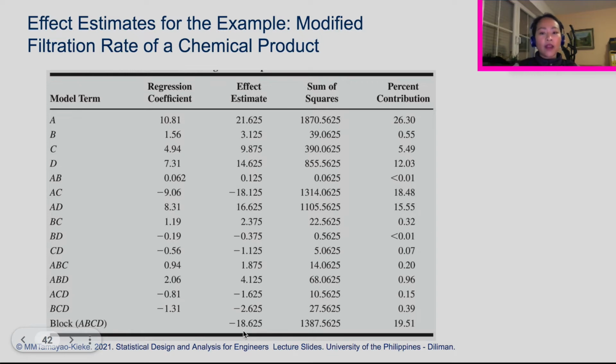And the block effect is actually the 20 units, because of the poorer performance of the batch of raw material that was used for one block. All right, and 20 plus 1.375 is negative 18.625. With ABCD being confounded with the block, the effect of the block is captured and aggregated with the effect of ABCD.